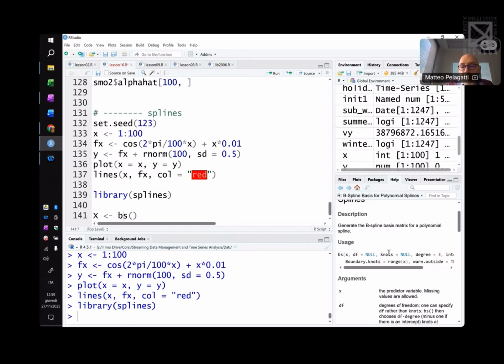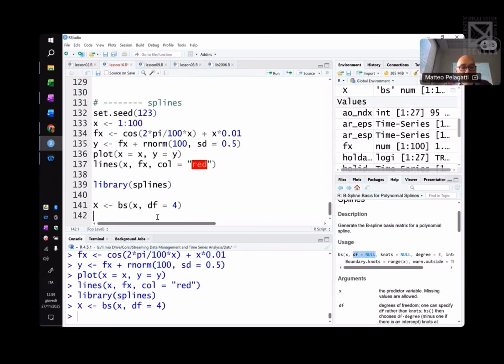But more easily, if we just define the so-called degrees of freedom, so how many basis functions we want to generate, we can just specify the number of degrees of freedom. Maybe I just want 3 or maybe 4 bases. In that case, this function automatically looks into X and divides X into a number of intervals with the same number of X observations.